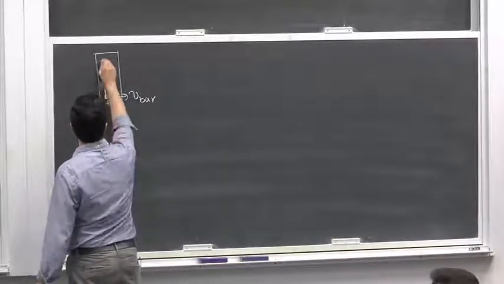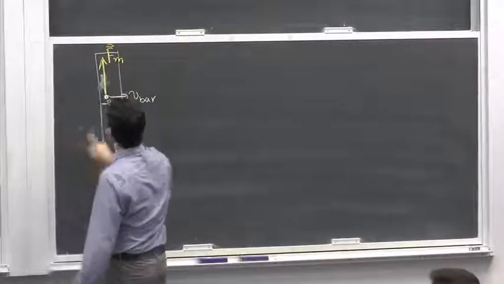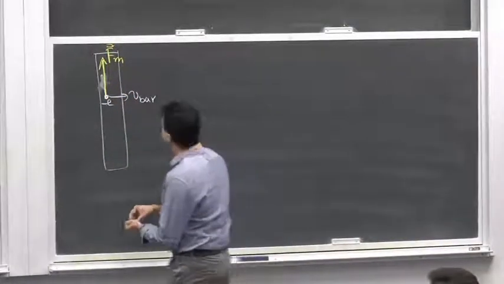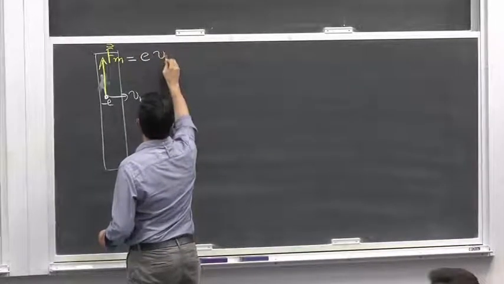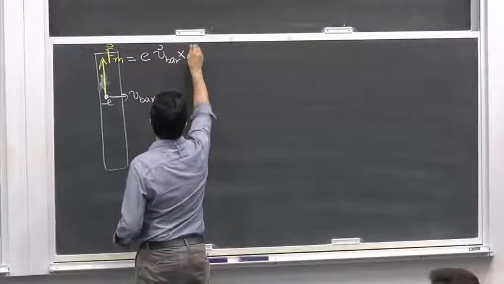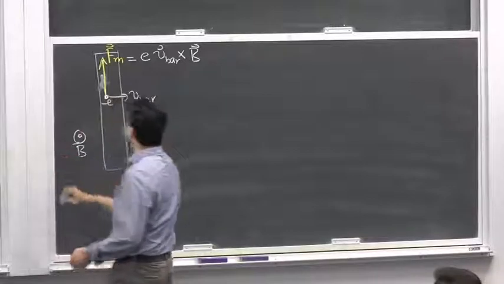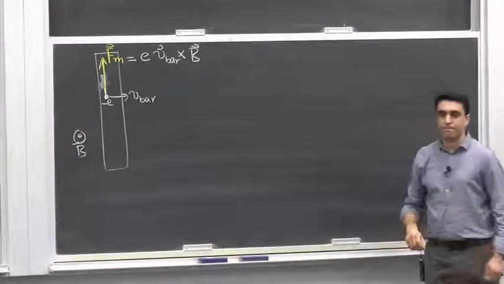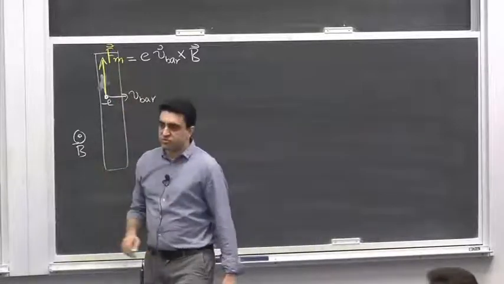The magnetic force on this charge is F magnetic in that direction, and this would be equal to E V bar cross B, where B is out of the board. So that would be the magnitude of the force.